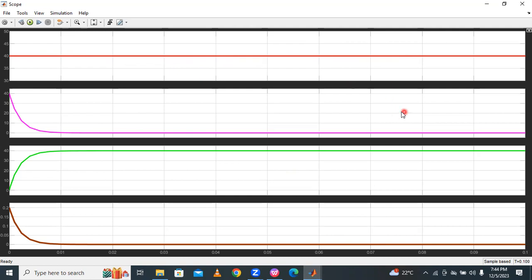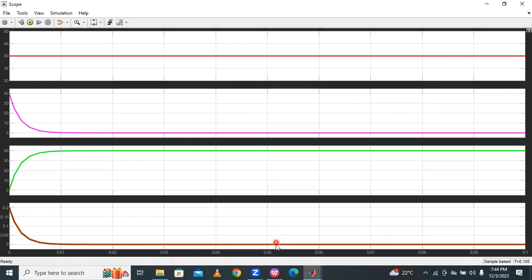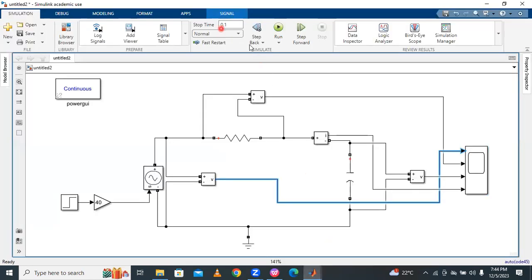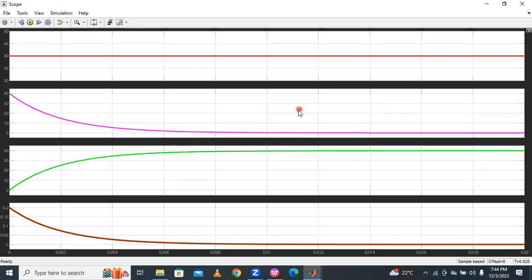For example, I'm changing the stop time to 0.03. If I change it like this, okay, the stop time is equal to 0.02 and then simulate and open. So in this way it can be.